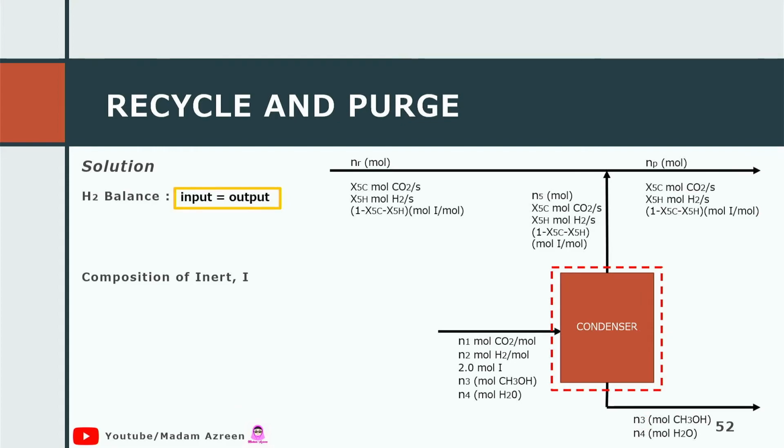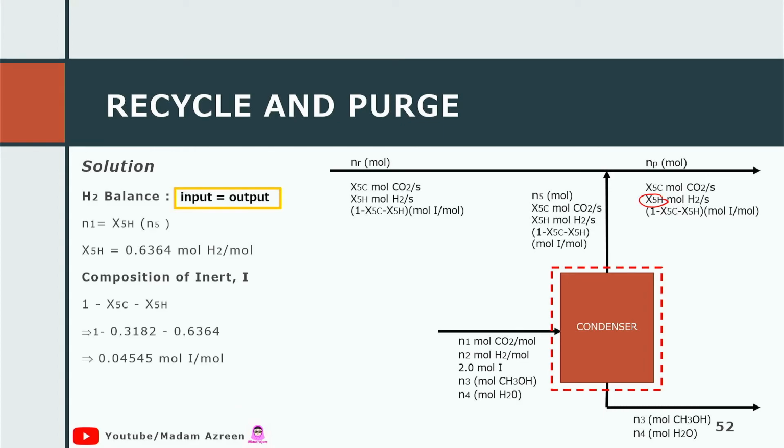Same goes when you have a hydrogen balance at the condenser, you can get the value of X5H. And the composition of the inlet here you can determine from this. Remember that the summation of the composition is equal to 1. So you can determine the composition of the inlet in the recycle stream and the purge stream.